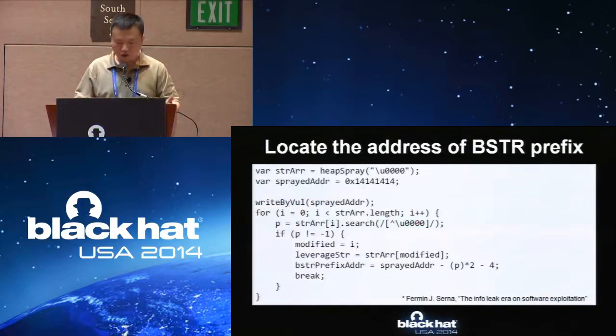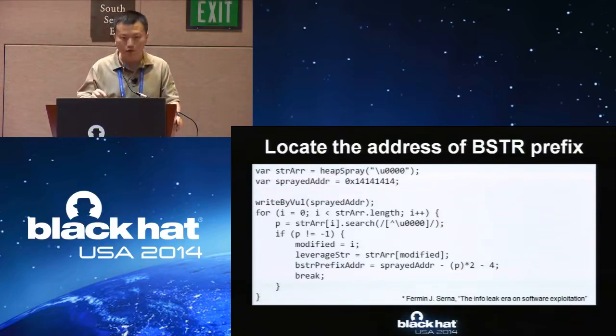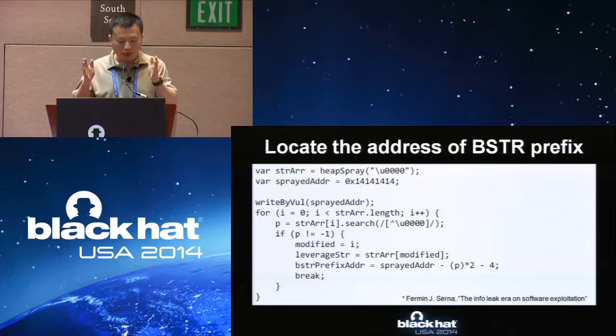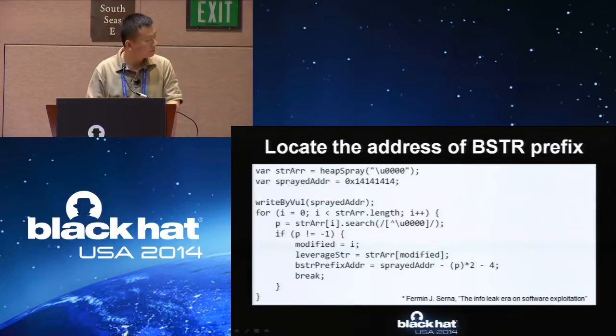First, change any character in the sprayed string by some vulnerability, and then check each character. Find out which one was changed, and calculate the offset to the start of the string. Then we get the address. First, do the traditional heap spray.